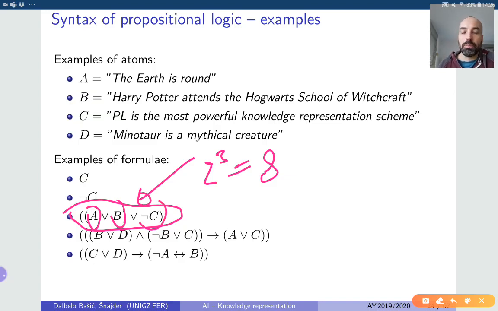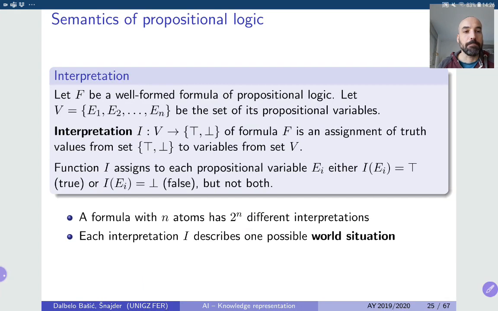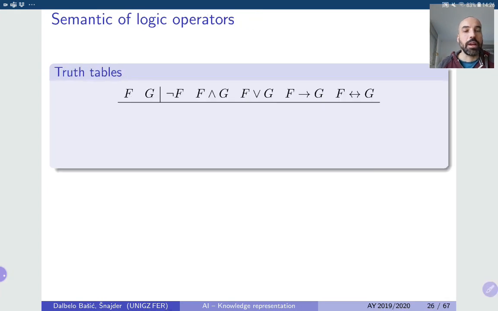And this particular interpretation, where A is true, B is false, and C is true, corresponds to one world situation. Okay, we'll talk about world situations again in a moment.